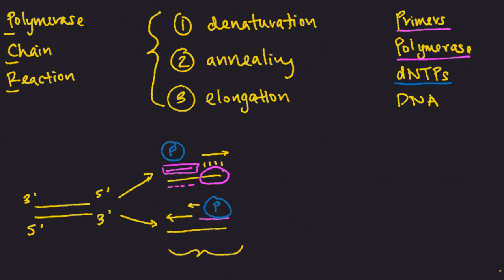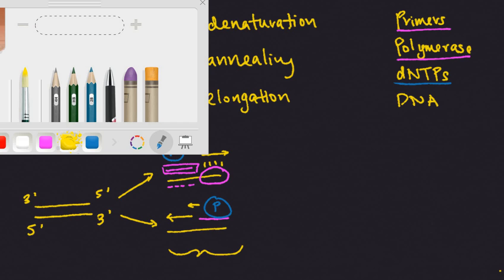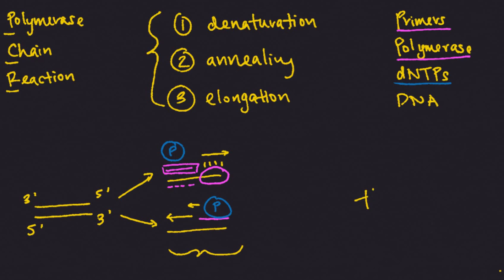So let's talk about temperature, which is one of the most important variables in the process. The most common machine used to carry out the replication process is a thermocycler, or a PCR machine.